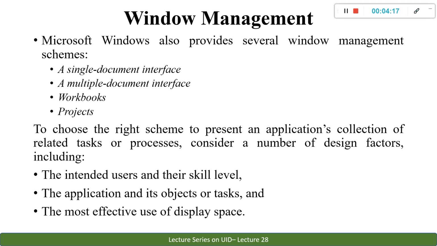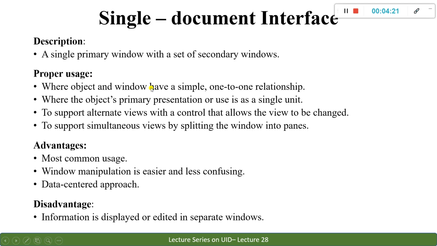Our first scheme is the single document interface scheme. What is the single document interface scheme? This is usually used for a single primary window with a set of secondary windows. You have a set of secondary windows to be displayed, but you don't want them as separate windows. You want them in a smaller section inside the primary window itself.